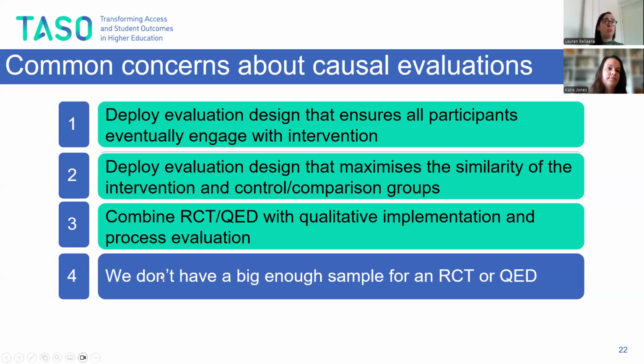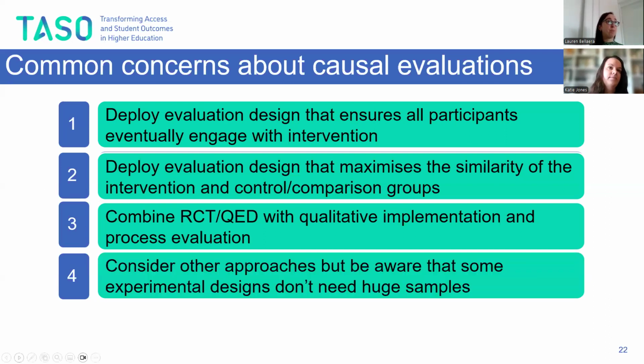Another option is thinking about the way we can collaborate as a sector to increase sample sizes. I know TASO is very much leading the way in terms of sector-wide RCTs, bolstering our sample sizes through collaboration across the sector, which is another really effective way to do this.